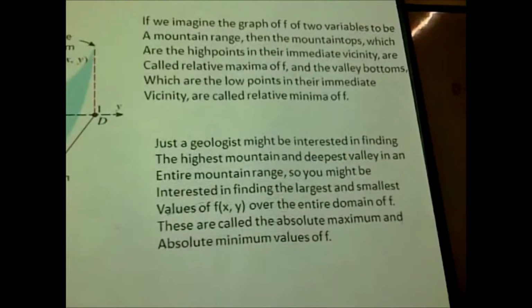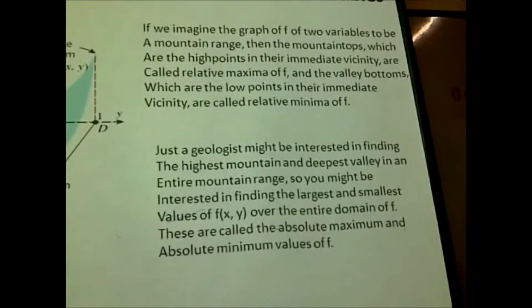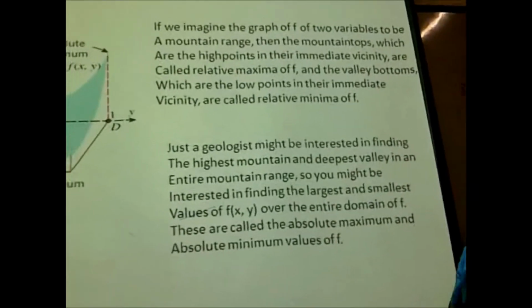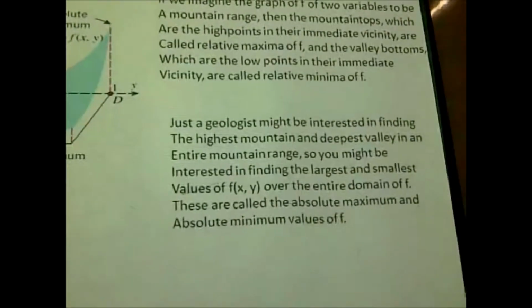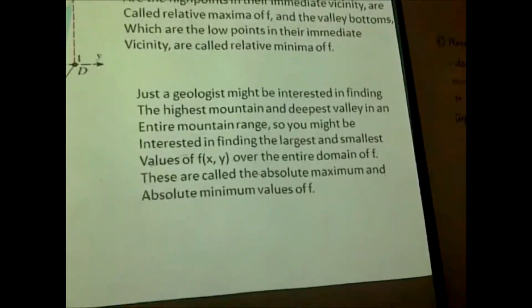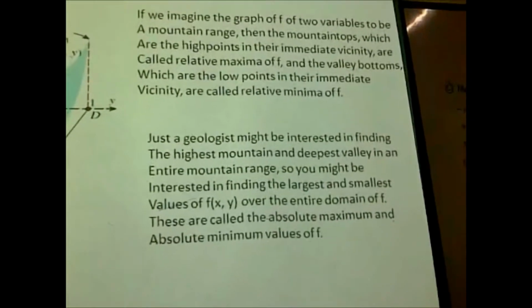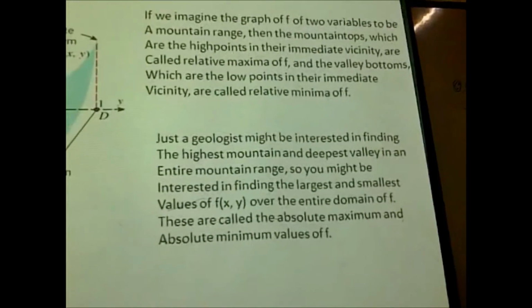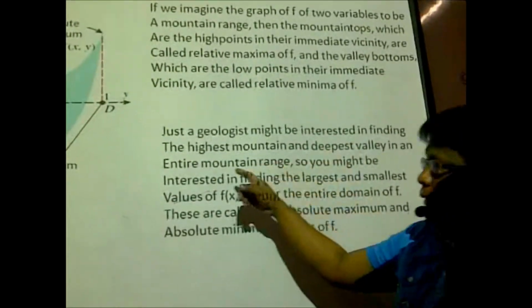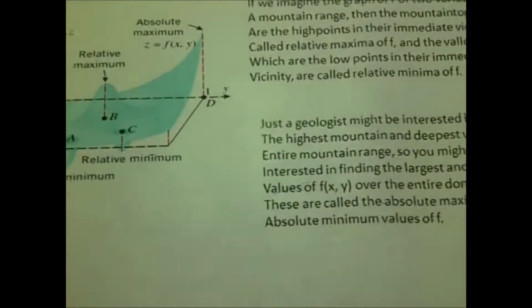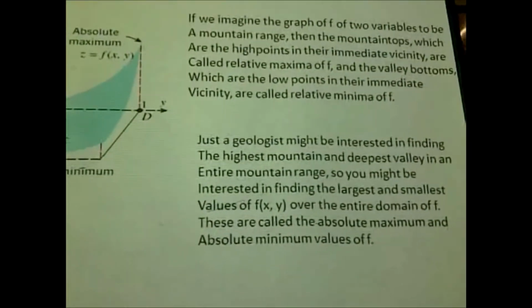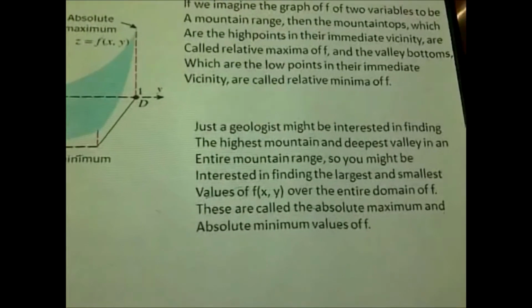Then the mountain tops, which are the high points in their immediate vicinity, are called relative maxima of f. And the valley bottoms, which are the low points in their immediate vicinity, are called relative minima of the given function.